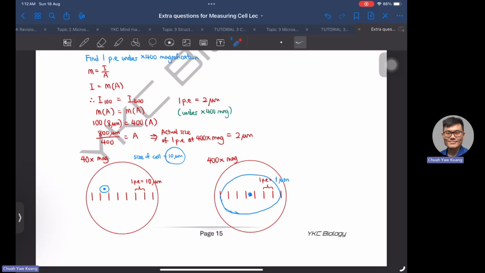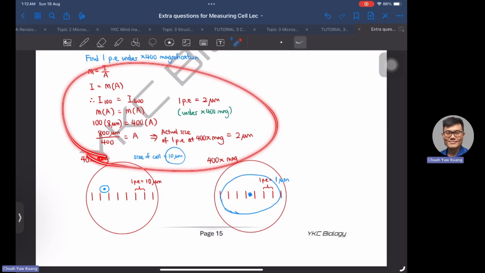So the concept is almost similar to the FOV relationship with the magnification, the size of the FOV relationship with the magnification. So whenever the question is related to the diameter of the FOV or the size of one pitch on the eyepiece reticule, when it is related to magnification, both of these apply almost the same concept, and you can use the same way to solve this type of question.